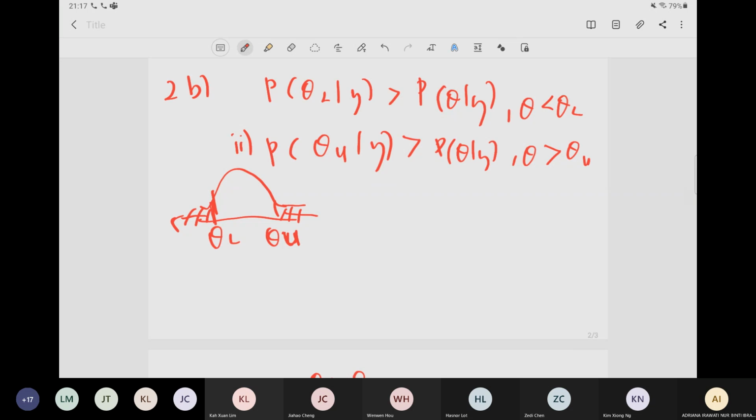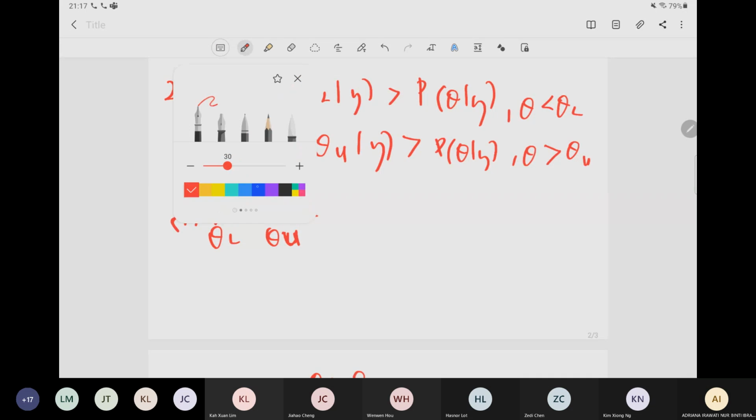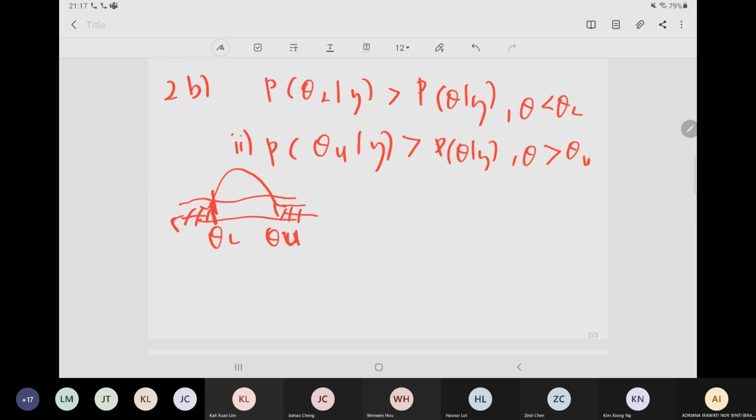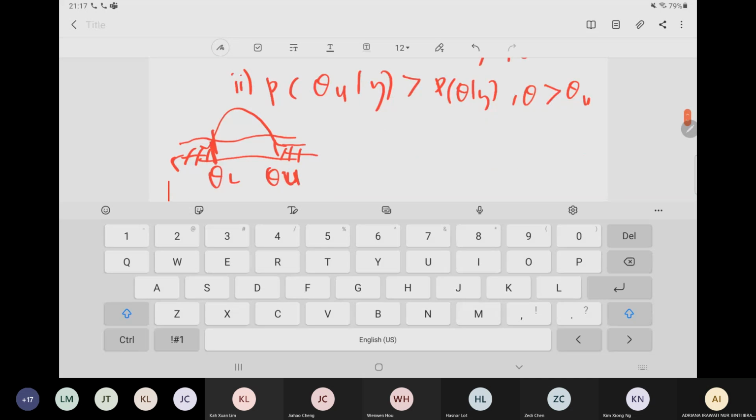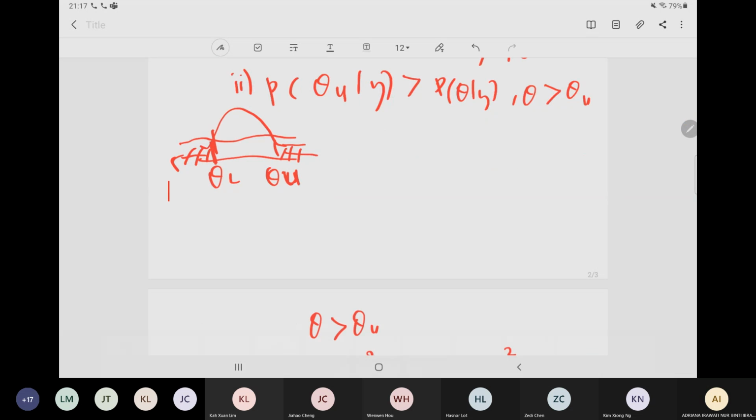No, they cannot be shifted, because it should be the highest density region. It means that the height here is actually higher inside the region than outside the region.